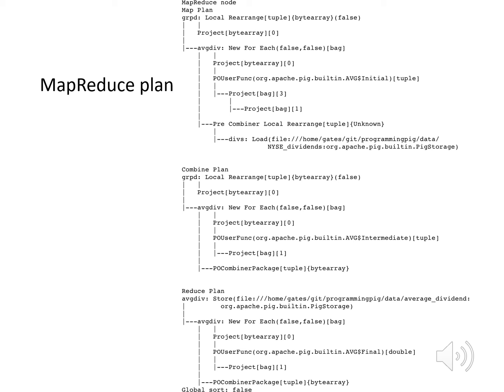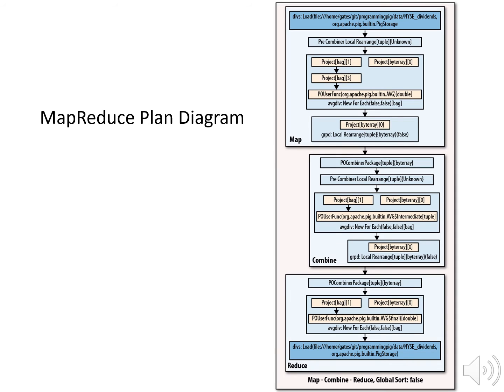The AVG UDF has been broken up into 3 stages: initial in the map, intermediate in the combiner, and final in the reduce. If there were multiple MapReduce jobs in this example, that would all be shown in this output. This is a graphical version of the MapReduce plan.